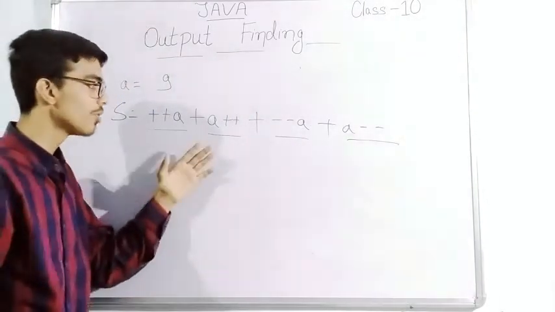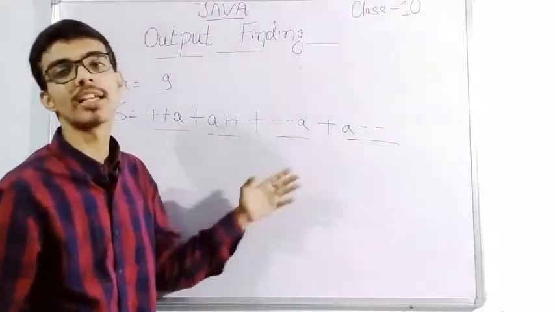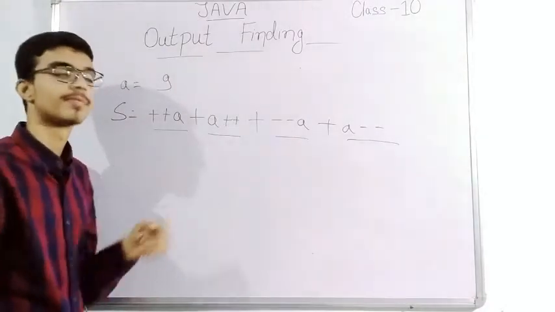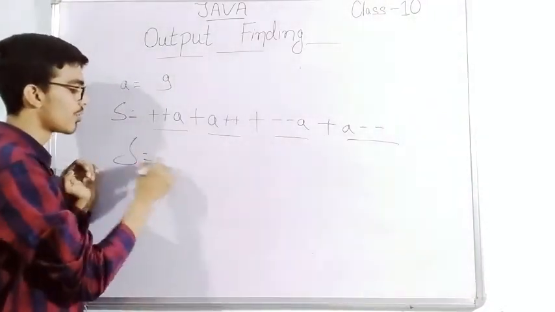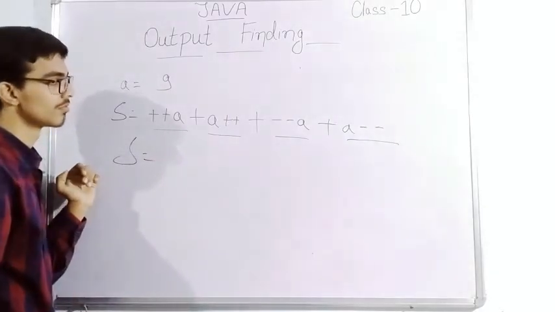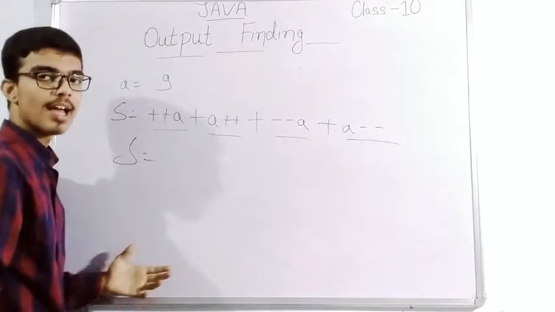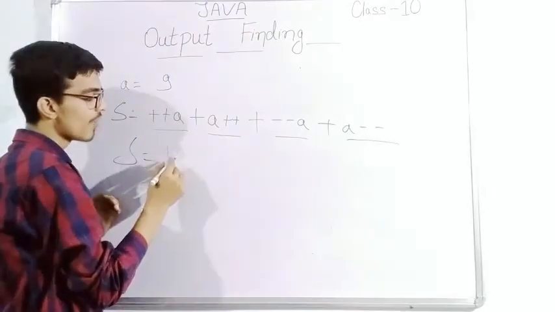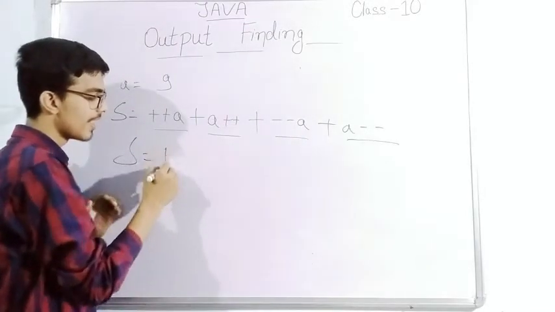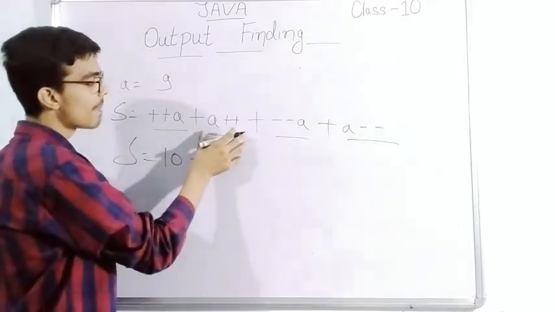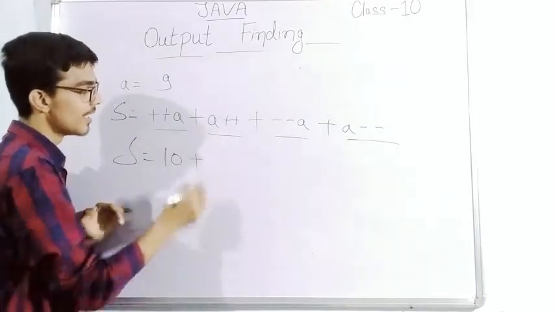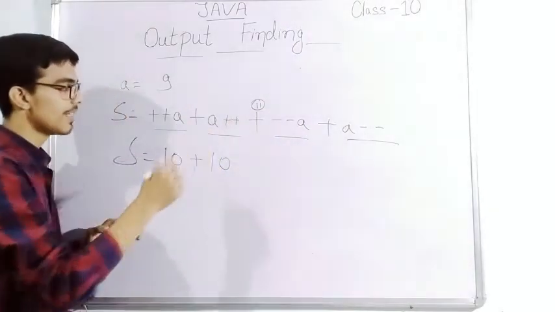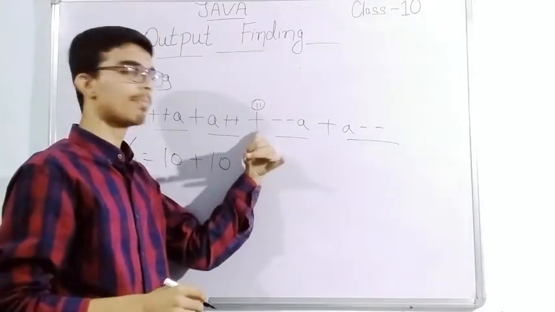I have no questions on this, but generally this is how we solve it and find the answer of S. So we start, S is equal to plus A, which means the value of 9 will increase by 1 and become 10. 10 plus A plus, meaning 9 plus 1, here it will be 10 and it will increase by 1 and become 11. So here the value of A becomes 11.